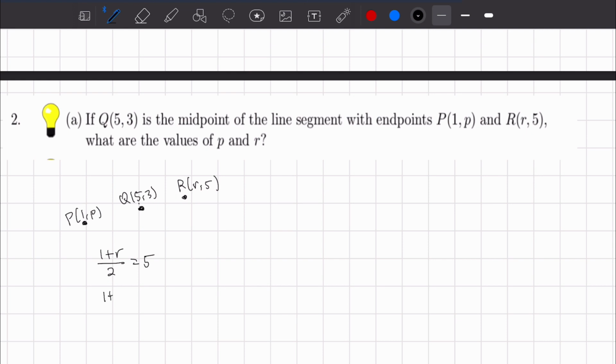And 1 plus r equals 10 and r equals 9. And same thing for p and 5, the middle point is 3. So (p plus 5) over 2 equals 3. And p plus 5 equals 6, and p therefore equals 1. So the p value is 1 and r is 9.